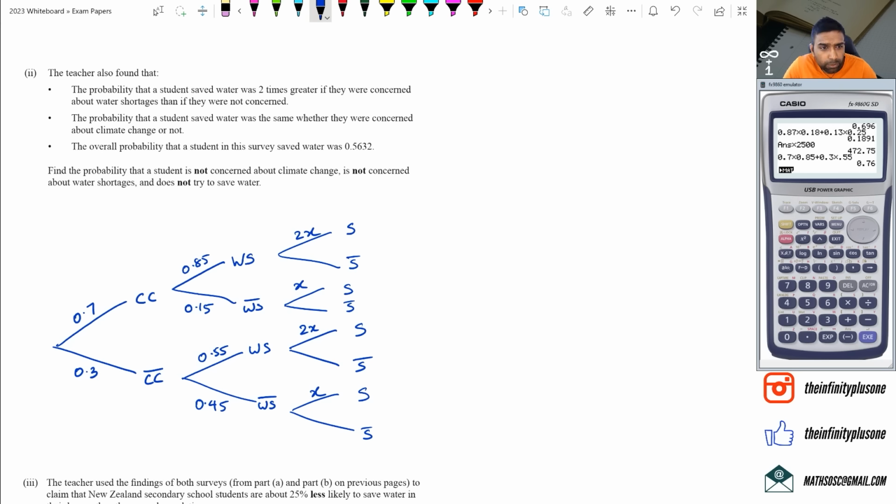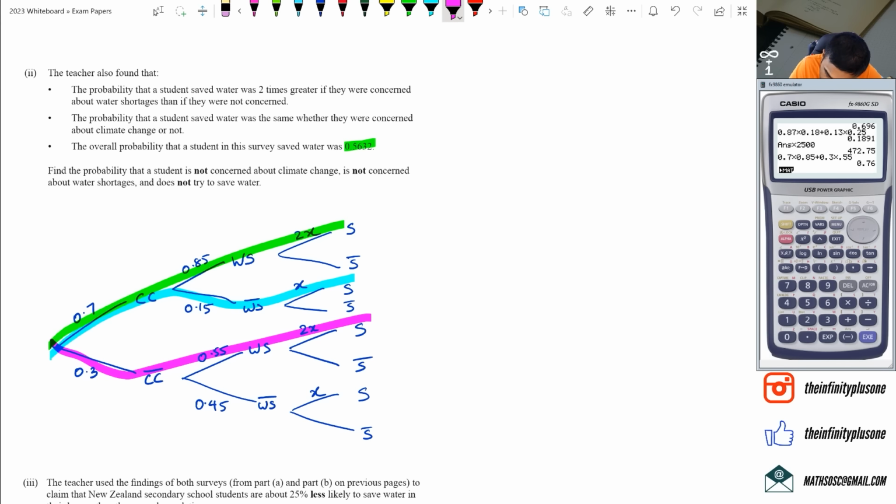And then the overall probability that a student in this survey saved water was 0.5632. So basically this probability of 0.5632 is this branch plus this branch plus this branch, and then finally this branch here. So you should have actually got 4 branches there, and they should add up to 0.5632.